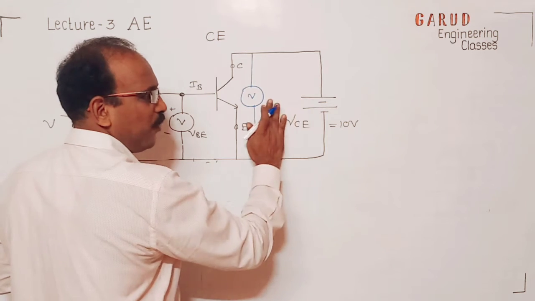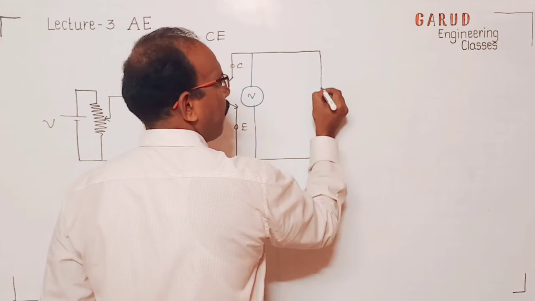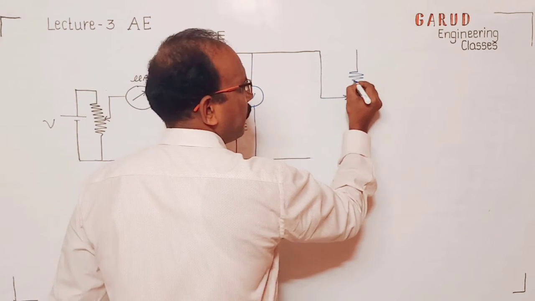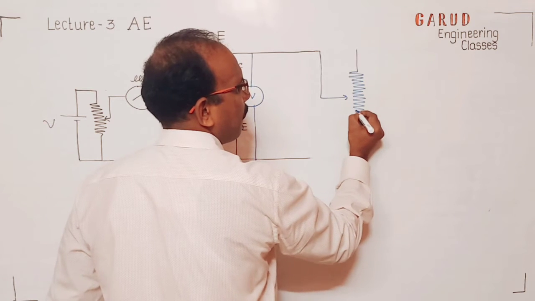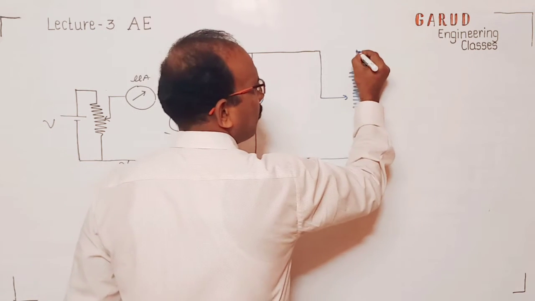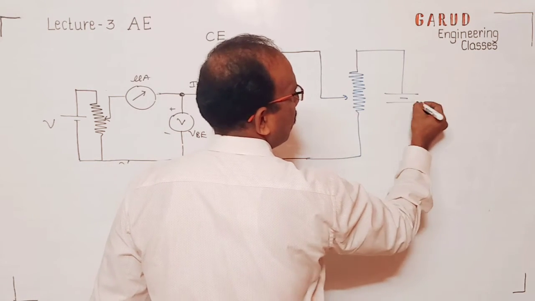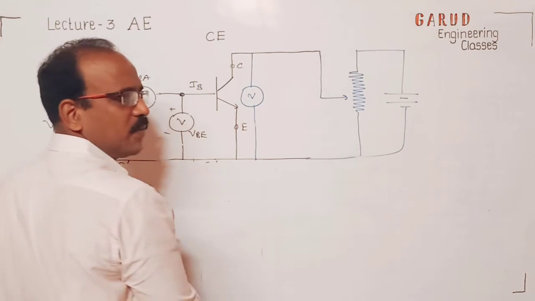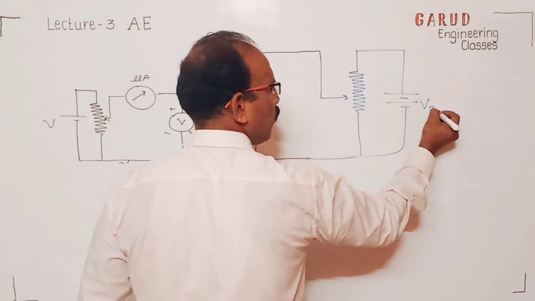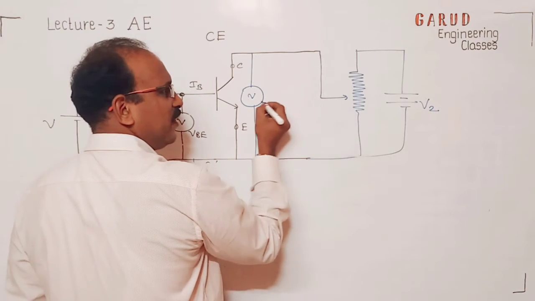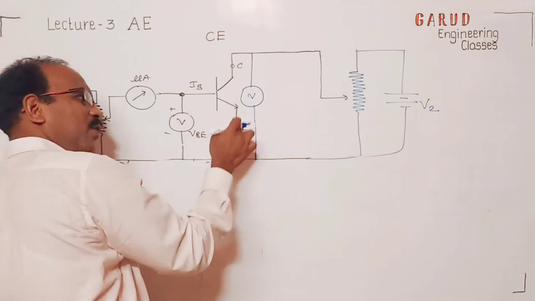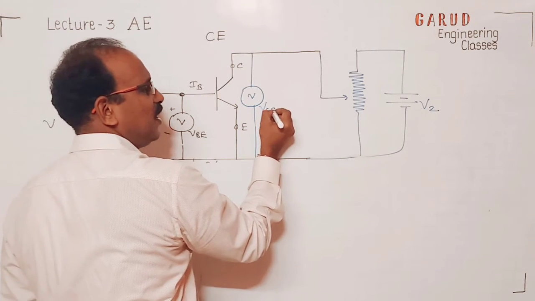Also I want to make this variable, maybe V2. What is this? This voltage is between collector and emitter. This is your VCE.